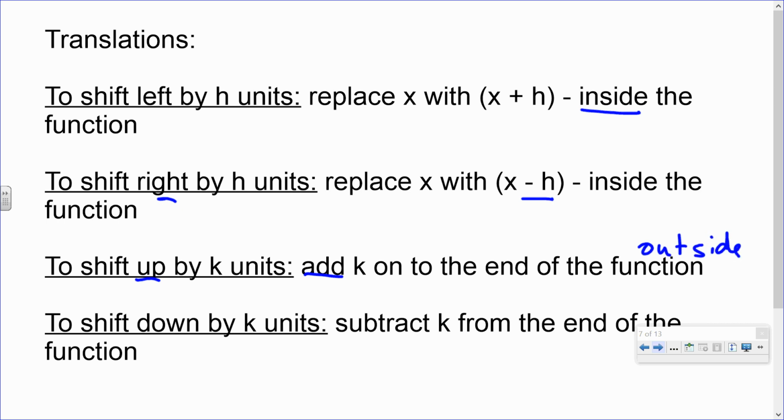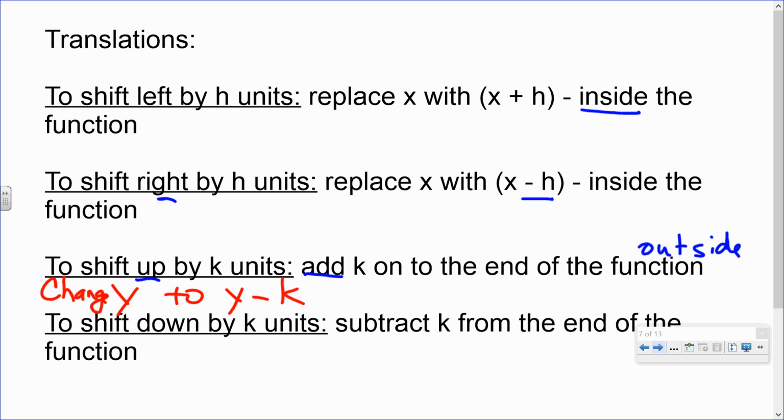Now, I think your book says if you add 1 on the right, the way we usually write the y equals, we could subtract that from both sides. So instead of y equals, we could have had a y minus. So we could also change y to y minus something.